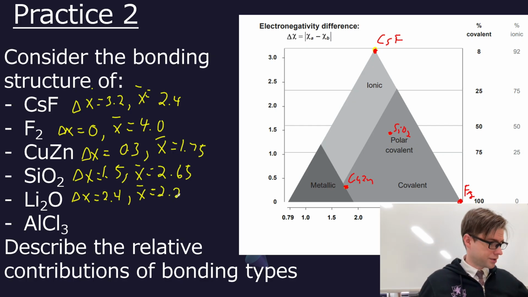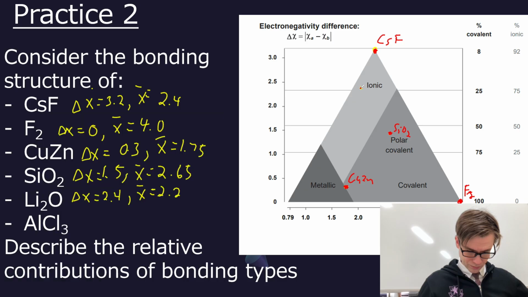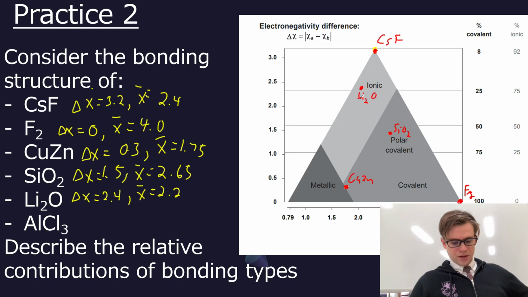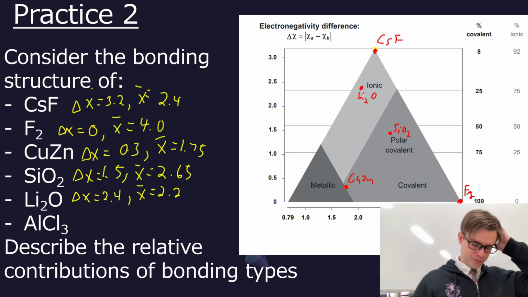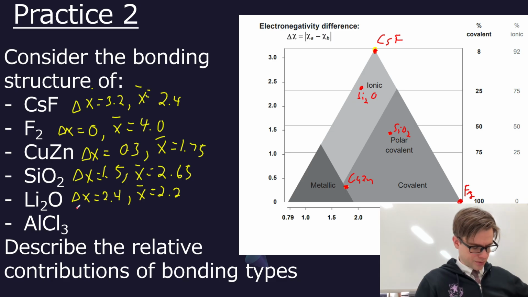So that's going to put us in the ionic territory for sure. 2.4 up there, and then 2.2 here, somewhere around here. So pretty clearly ionic, probably slightly more metallic character than cesium fluoride, but still it's going to have the ionic properties that we know: brittle, high melting and boiling point, low conductivity, crystal solid.